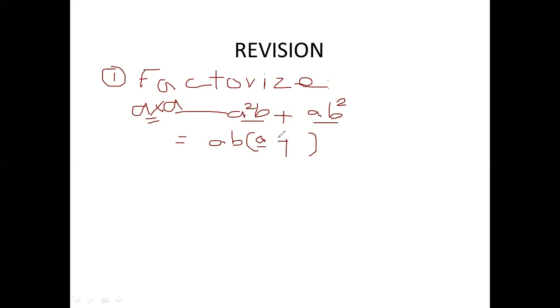Plus, here in AB square, when AB goes common, what is remaining? B. Like this, we have to factorize.